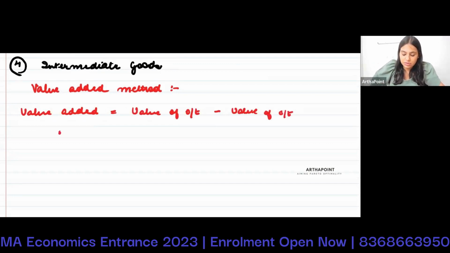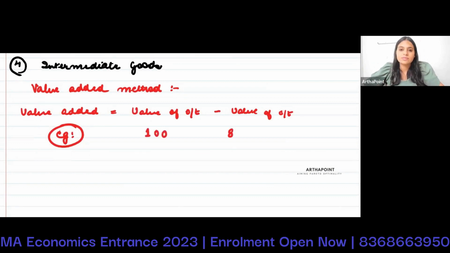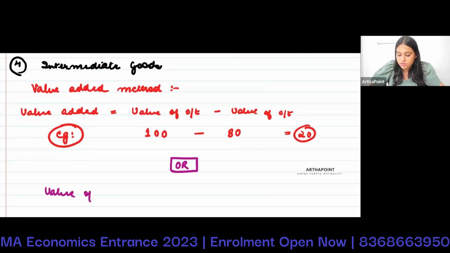So for example, if I make cotton worth 100 and I used thread worth 80, then I just added 20 rupees. So either I add value at each level, or I simply give the value of the final good.